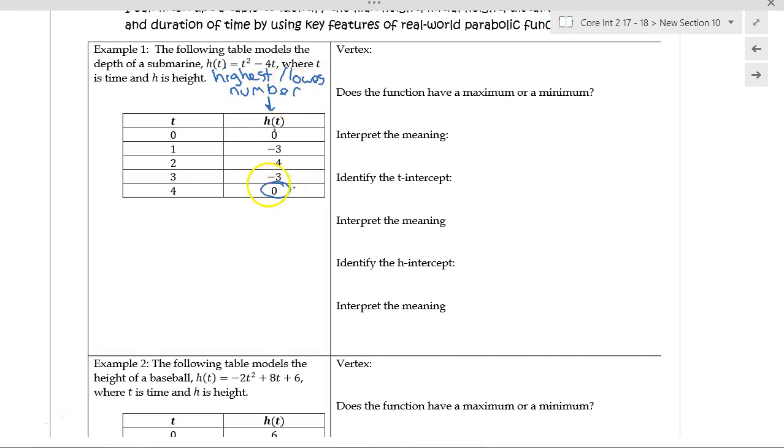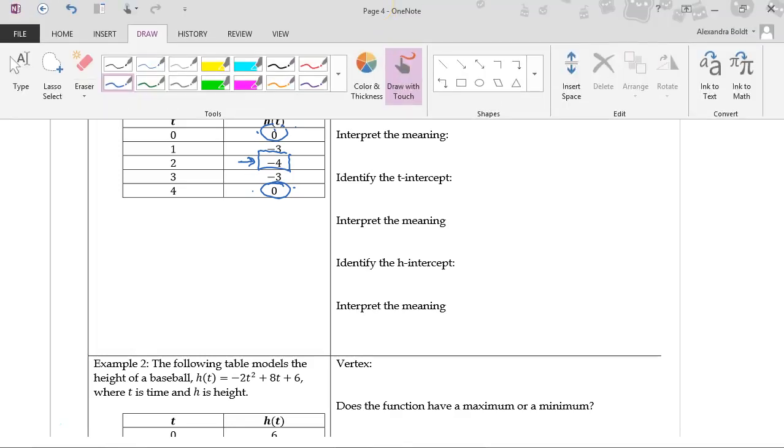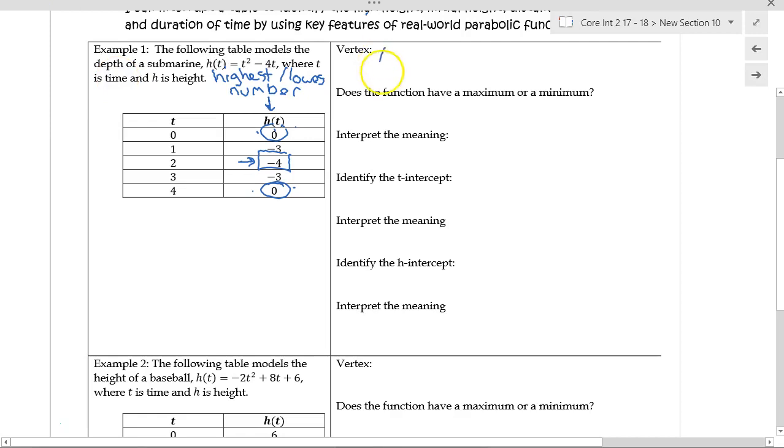My highest numbers are 0, and my lowest number is -4. Well, I can't have it be first or last, so it has to be that -4. Because this graph can continue on, it's just stopped here. So it just can't be that first and last. We don't know what continues to happen. So my vertex is 2, -4.